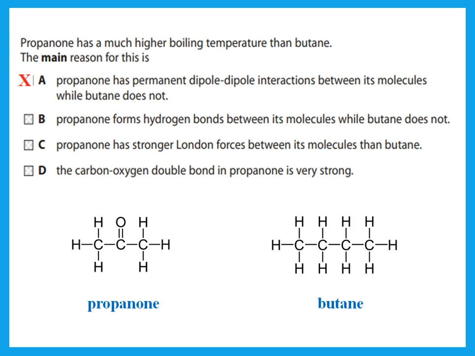Remember, propanone does not form hydrogen bonds between its molecules, so B is wrong. It's not because it has stronger London forces between its molecules. And it's not because the carbon-oxygen double bond in propanone is very strong. That has nothing to do with boiling point.